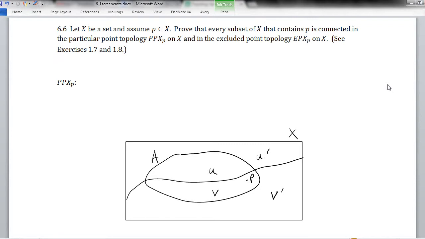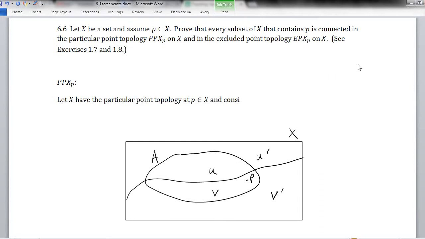All right. Well, okay, so let's begin with the particular point topology. Let X have the particular point topology at the point P in X. And, okay, we're supposed to prove something about every subset.